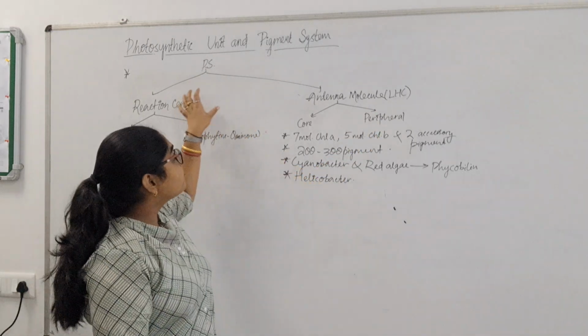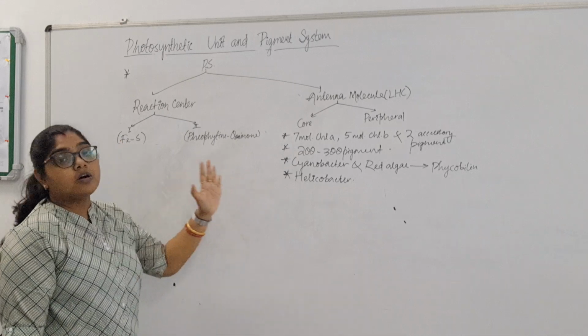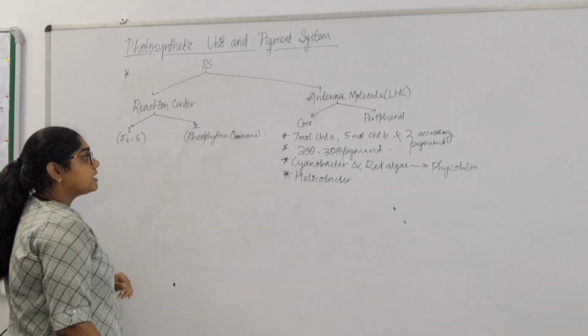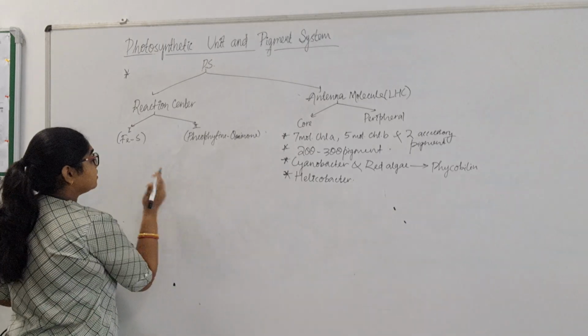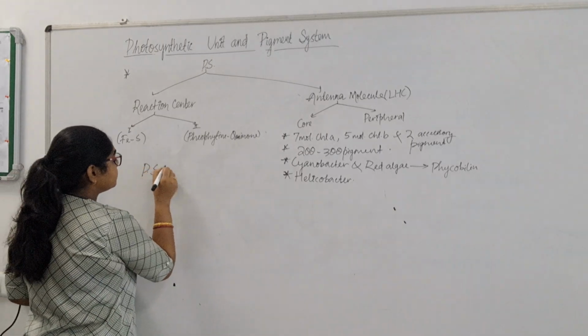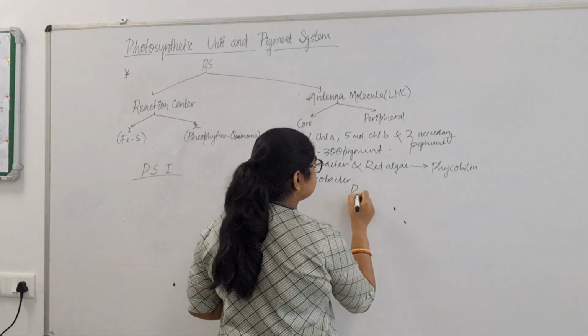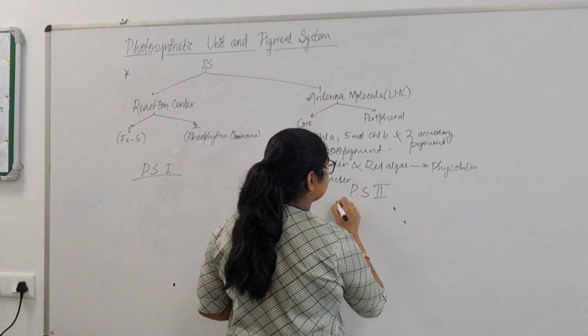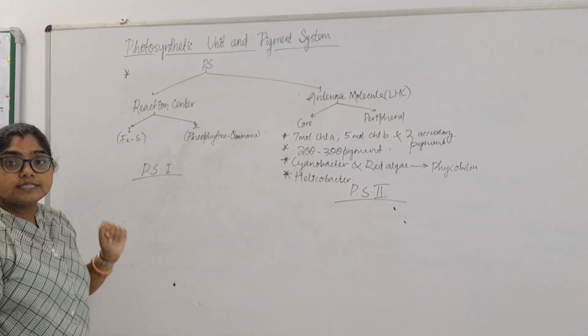So these are the components of the photosystem. In oxygenic photosynthetic organisms, there are two types of photosystem or pigment system. They are known as pigment system 1 and pigment system 2. Okay, so first we will discuss pigment system 1.